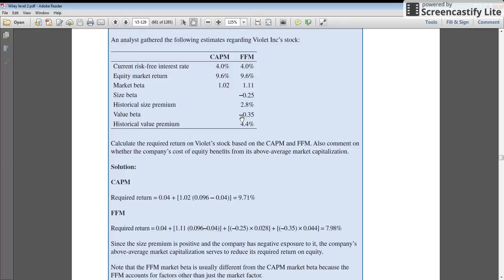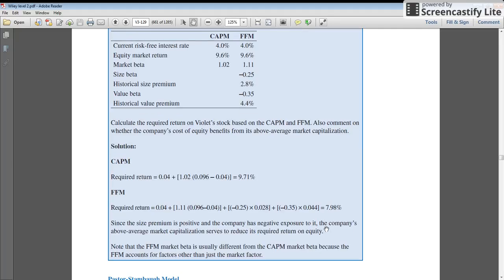So this again is a company which has a book to market value lower than 1, which means that the market is favorably valuing this company. As a result of that, this component also has a declining impact on the required return. So the final rate of return required for this stock is 7.98% based on the FFM, and 9.7% based on the CAPM.